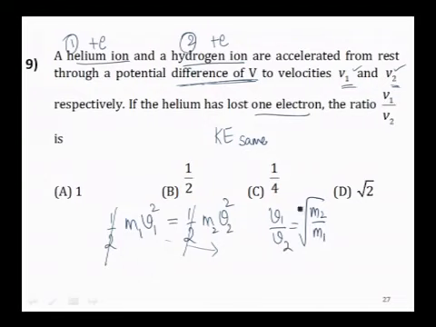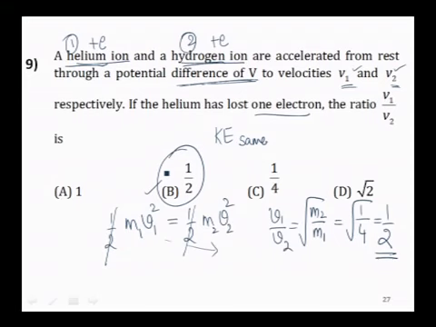So, M1 means mass of helium ion, and this is hydrogen ion, which is just a proton, and helium ion, neglecting the electron mass there, is 4 times hydrogen. So, therefore, it becomes square root of 1 by 4, that is m1 is 4 times m2, and therefore you are getting square root of 1 by 4, which is a half. So therefore your final answer for the ninth one, B, is the correct option.